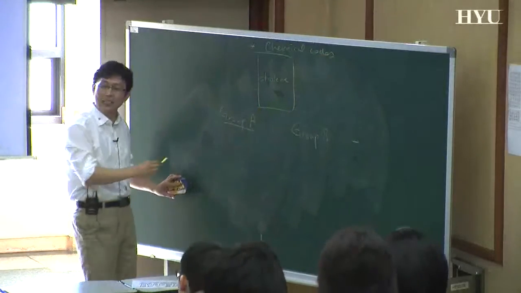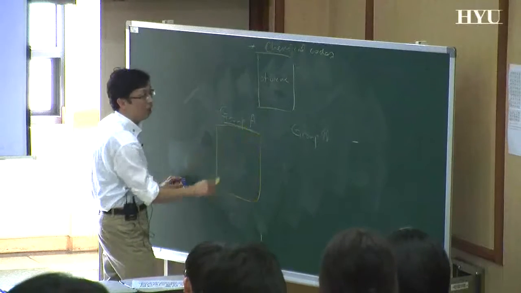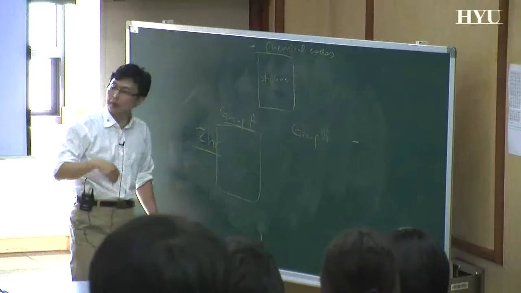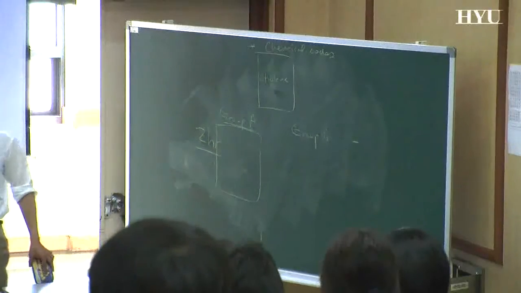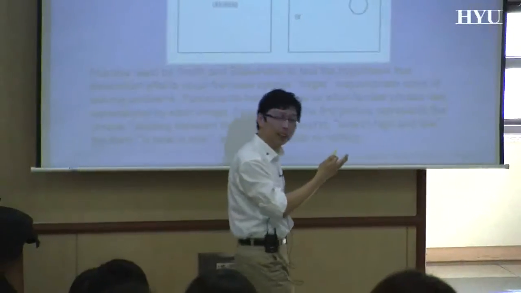Right, group A is asked to find the answer to this one for 2 hours. Keep thinking. Okay, within the 2 hours, they have to find what that means. Okay?